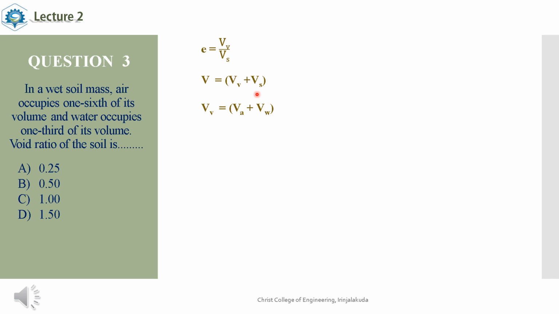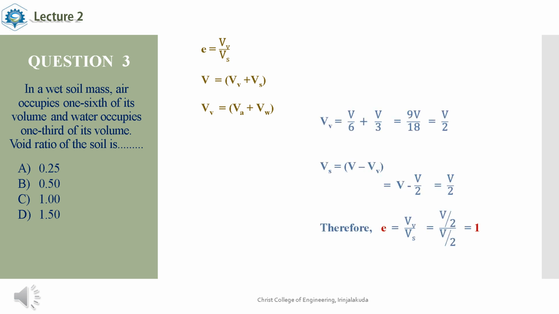What will be there in this void area? The voids can be either filled with air or water, or there may be both air and water. So we can write volume of voids as the sum of volume of air and volume of water. So these relations can be remembered.